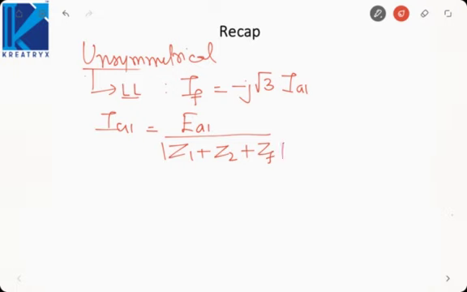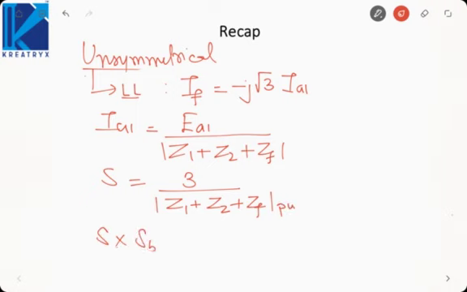And the short circuit MVA was 3 by mod of Z1 plus Z2 plus ZF in PU. Multiplying by S base 3 phase will give me the short circuit MVA in units of MVA.